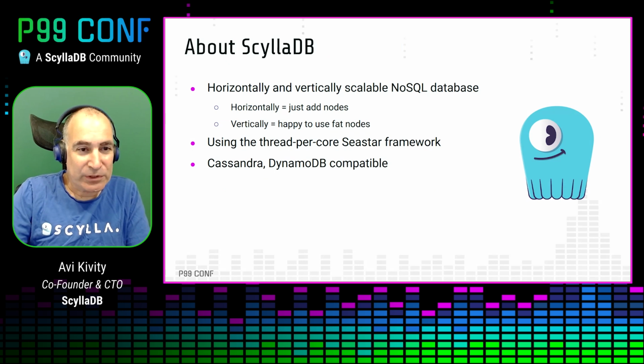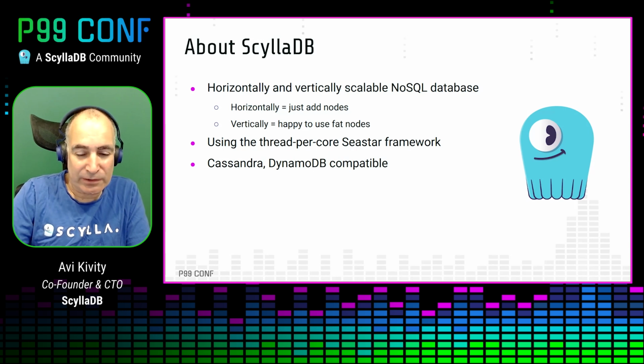So to frame the presentation, I'll explain a little about ScyllaDB. I'm guessing most of you are already familiar, but it is a horizontally and vertically scalable database. And horizontally means that if you run out of space or run out of compute power, you add more nodes. And vertically means that it will scale when you have larger and larger nodes.